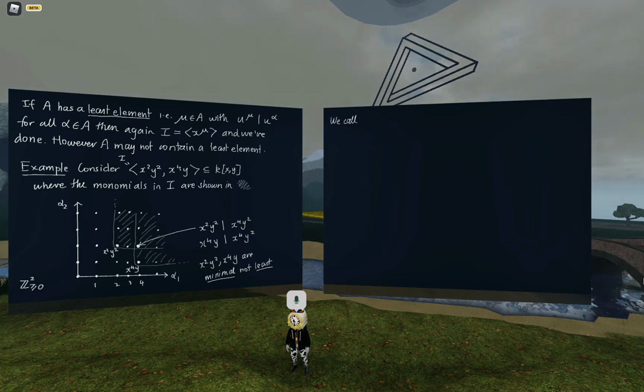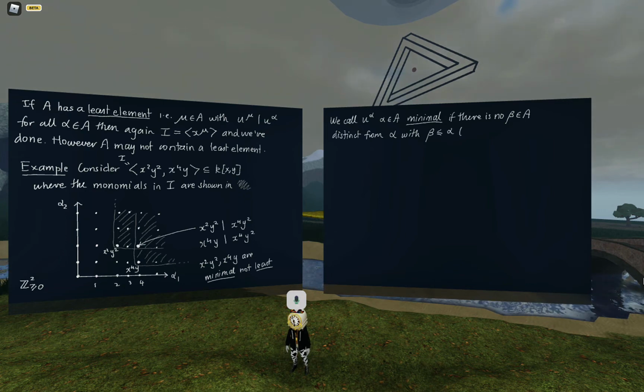We call u to the alpha in A minimal if there is no beta in A distinct from alpha with beta less than or equal to alpha, which remember means u to the beta divides u to the alpha.